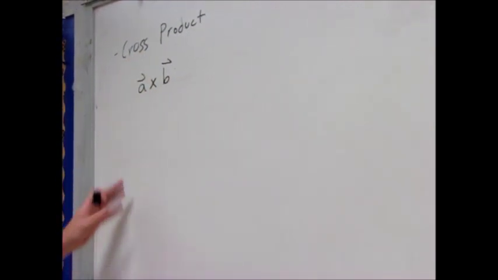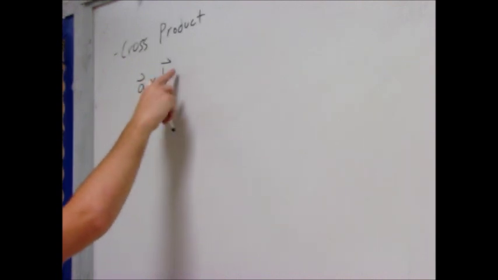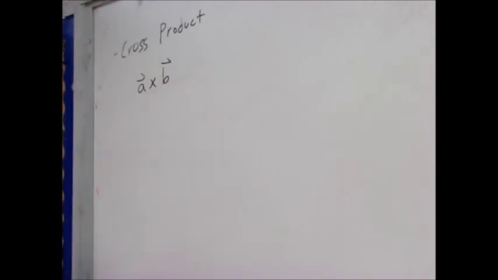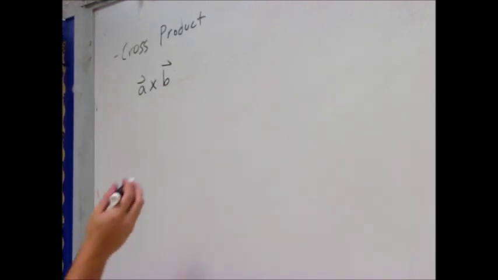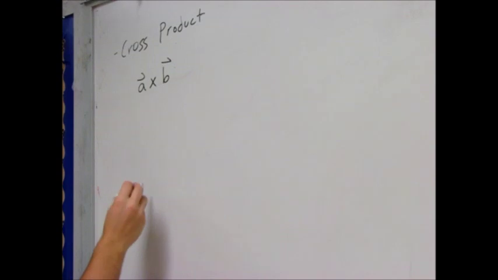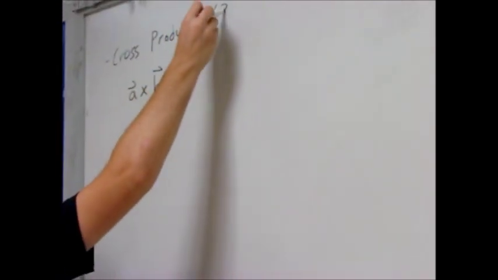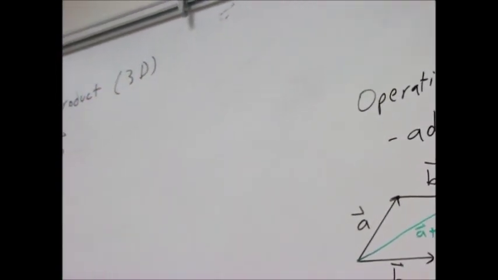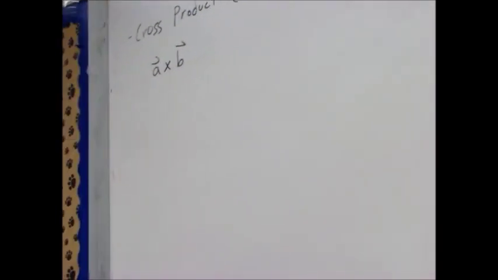Instead of giving you a number, like the dot product did, it'll give you another vector. And this vector is kind of hard to express, but basically it only works for 3 dimensions and also 7 dimensions, but mostly we work in 3 dimensions.